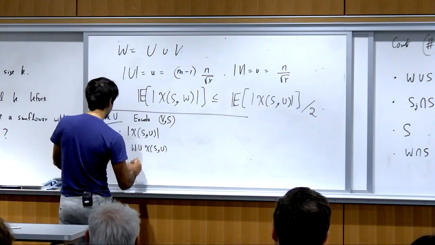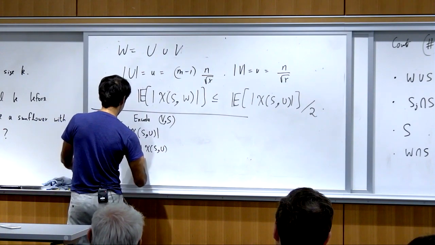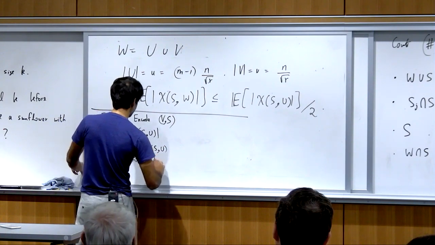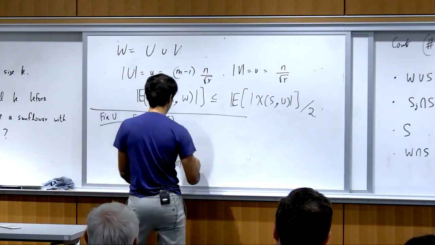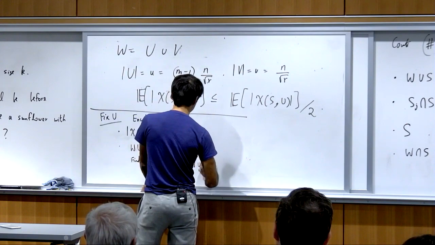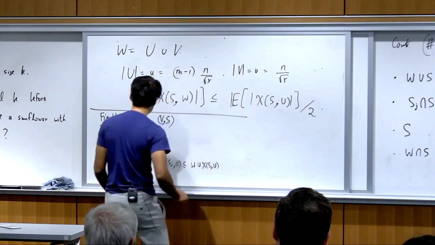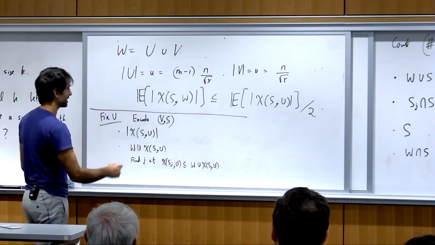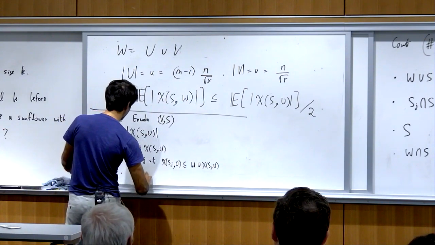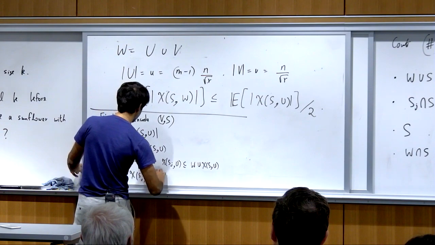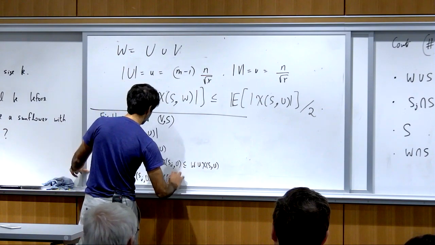And then we'll find the first J such that chi Sj U is contained in W union chi SU. Exactly like that. And we'll encode the size of chi Sj U intersect chi SU.